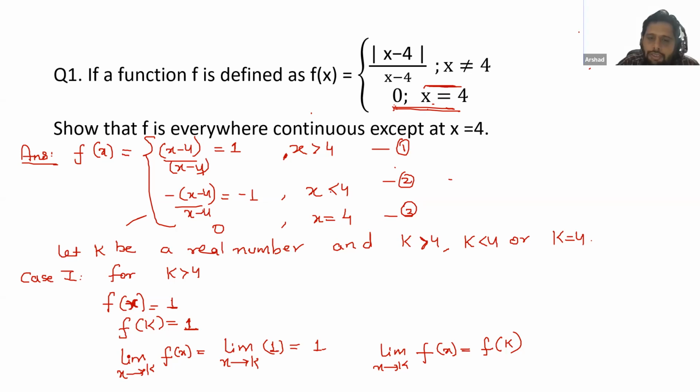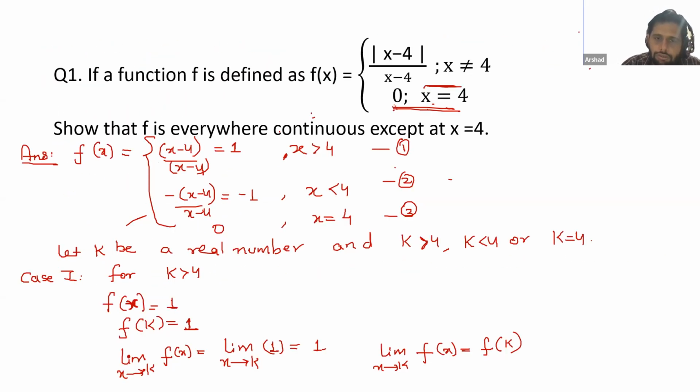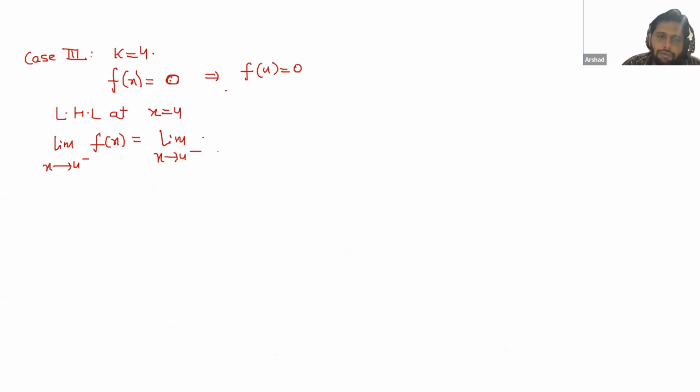Please all of you check here. x is less than 4. We have already done these types of questions. LHL means you are approaching from the left side, so that's why you will use the second function here. So f(x) means -1. You know how to solve this. Put x equal to 4 minus h.